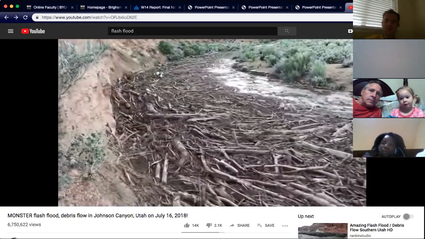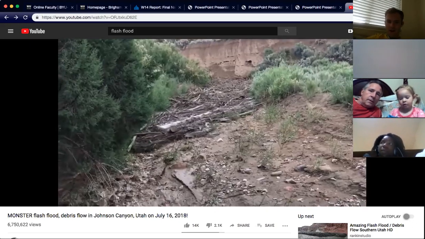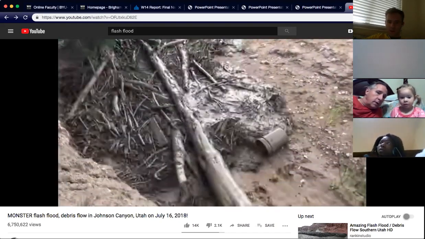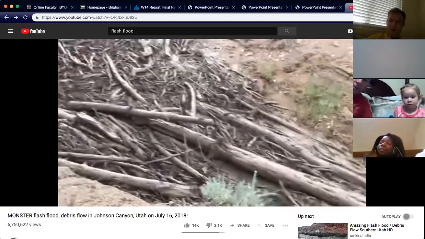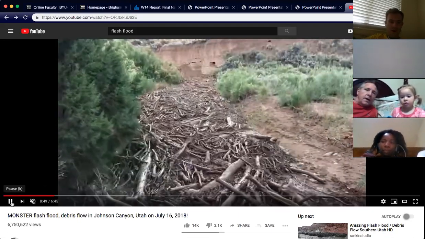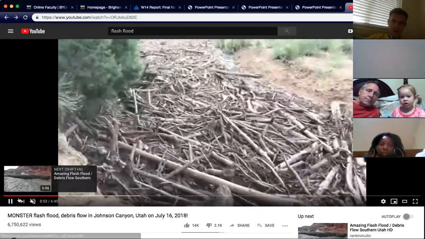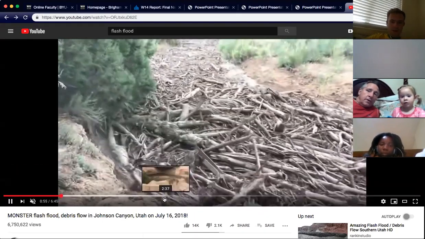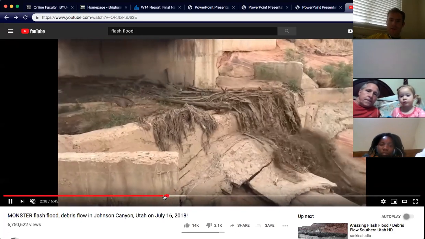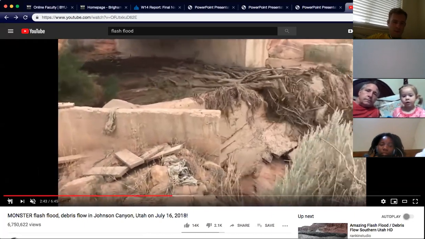It doesn't have enough time to absorb into the ground, so it just starts running down the rivulets and the canyons. And you can see, it's a lot of water really quick. This person probably shouldn't be standing around here either. So that gives you an idea of what these are like. Up here again, you can see the water is really moving quick. And these are really, really dangerous. Okay.